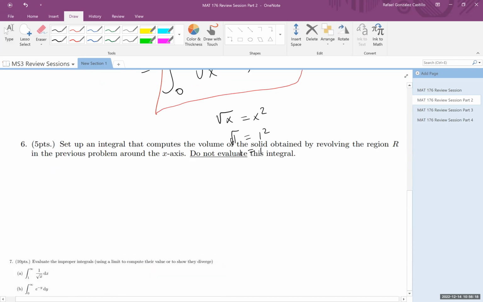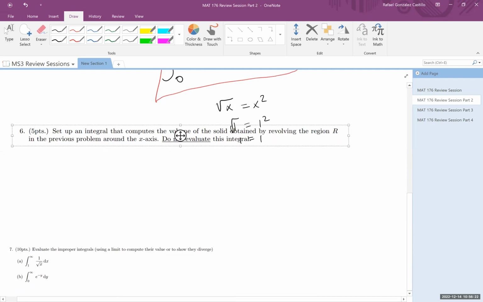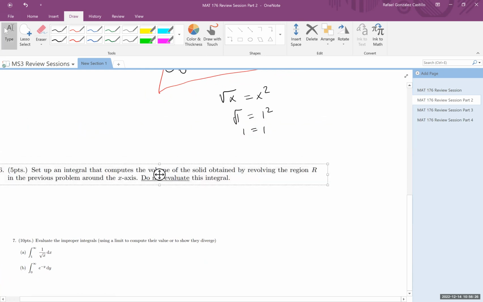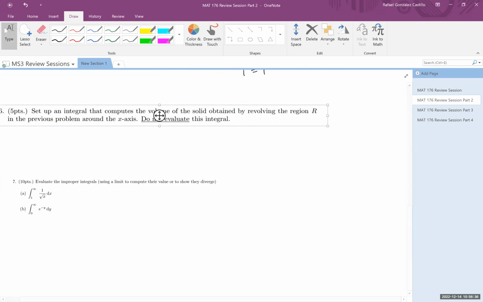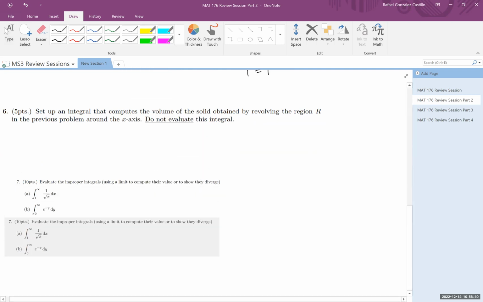Problem number 6 is a continuation of problem number 5. It asks us to set up an integral that computes the volume of the solid obtained by revolving the region that we just did in the previous problem about the x-axis. So let's redraw our picture from before and see what we get.